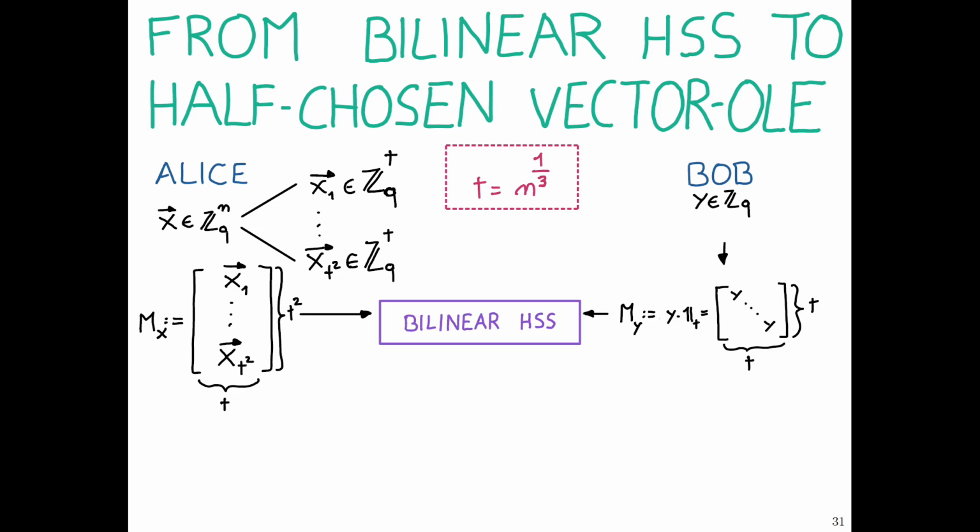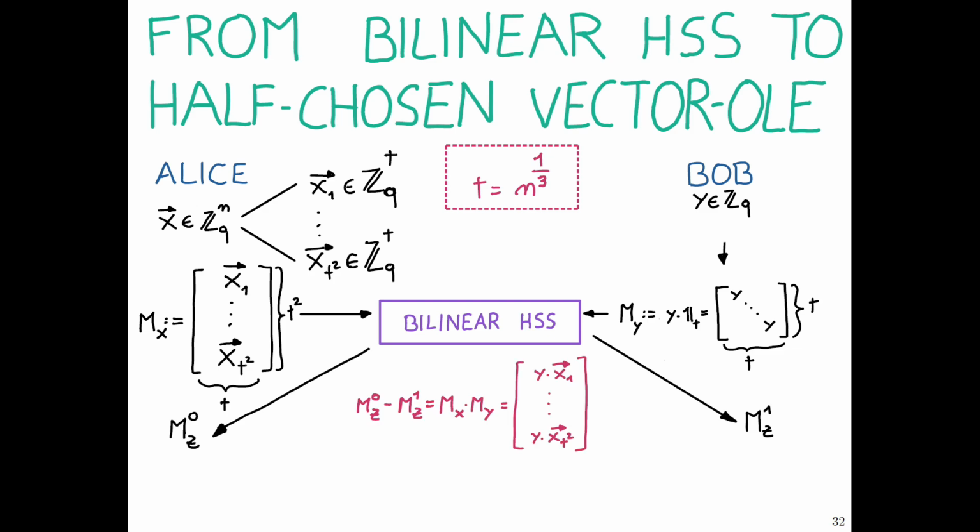Each row of Alice's input Mx is then input into a separate instance of the hasher side of the bilinear HSS, producing t squared digests to send to Bob in total. Bob inputs each column of My into a separate instance of the encryptor side of the bilinear HSS protocol. Because it works in one simultaneous round, the bilinear HSS gives Alice and Bob outputs from all pairs of these instances.